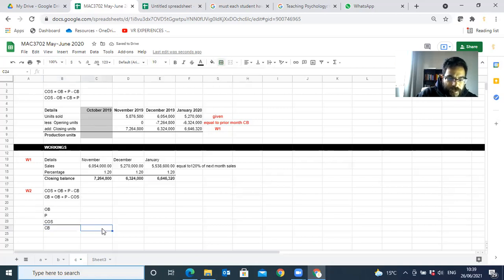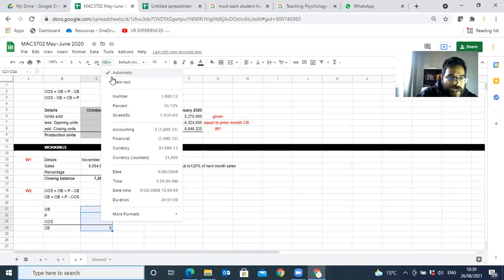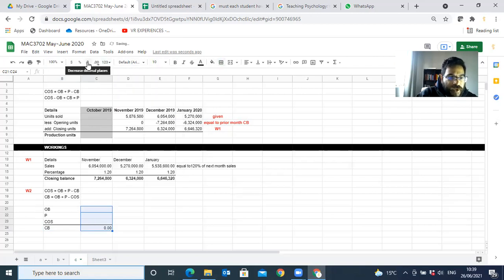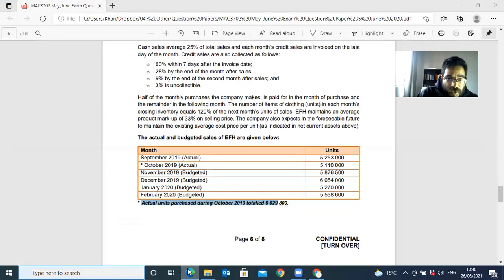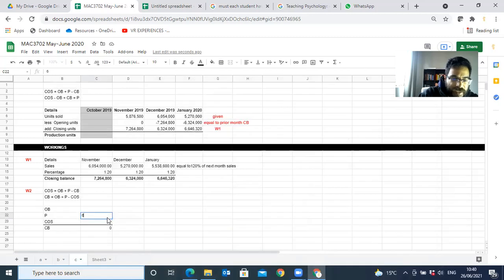Remember, the formula says opening balance plus purchases minus cost of sales equals closing balance, okay? They gave me the purchases, so I must take that. They gave it to me. 6029,800. So they gave me that.